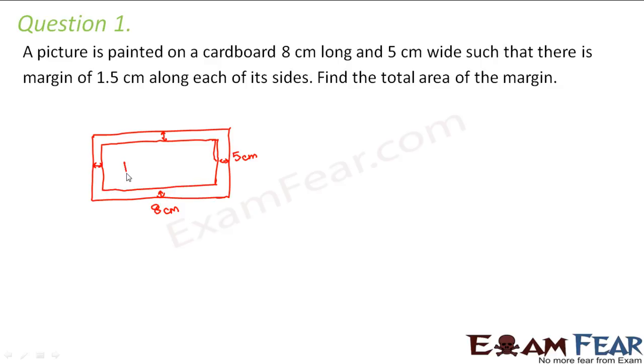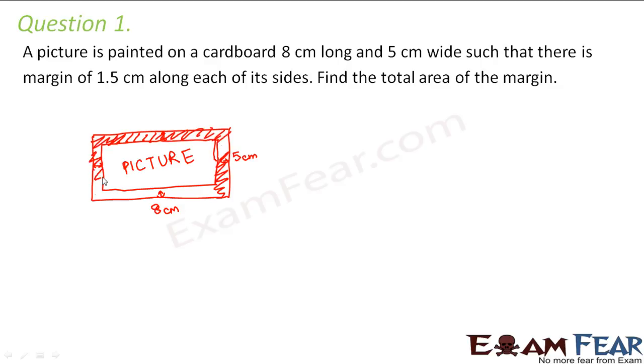So, this is where you have the picture. So you have this picture, and this is the cardboard, and this is just the margin which is left on the cardboard. So now we have to find out the total area of the margin, that is this margin. This is the margin, and we have to find out the area of this margin.